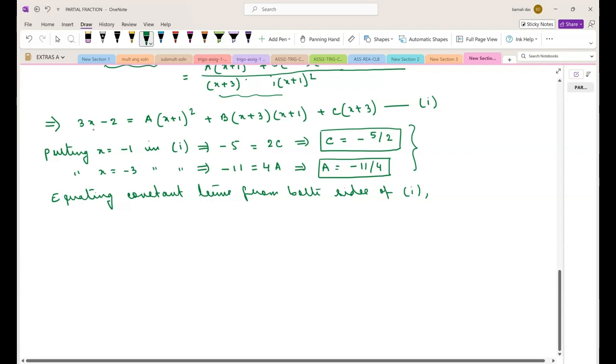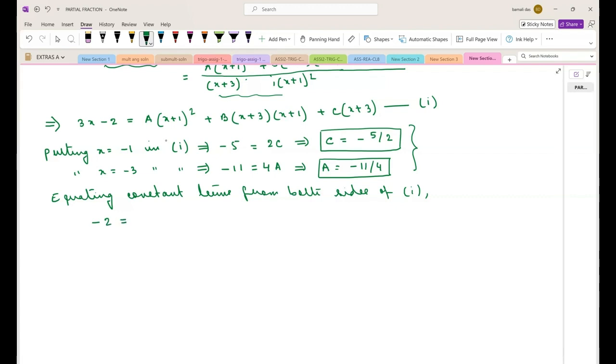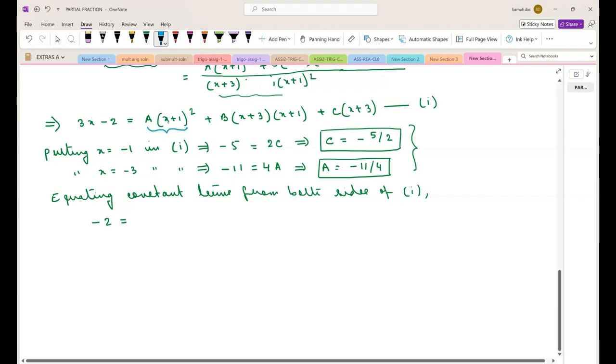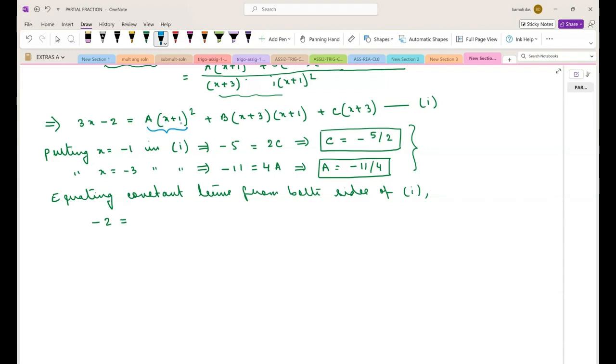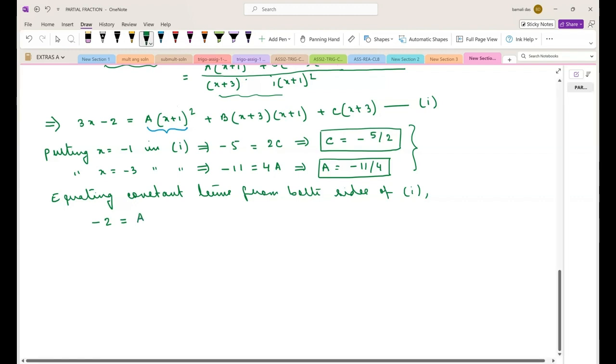Now on the left hand side, your constant is minus 2, and on the right hand side, if you see your constant term, from here if you apply a plus b whole square, a square is x square, 2ab will be the x containing term, b square will be 1, and when you multiply that with a, that is a. So you get one constant term a from this term.